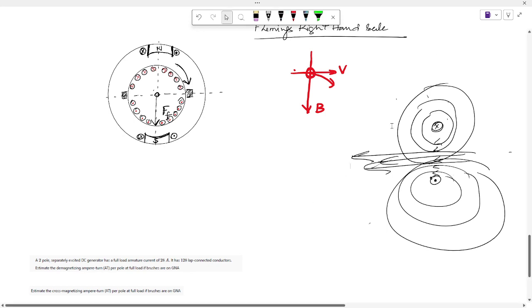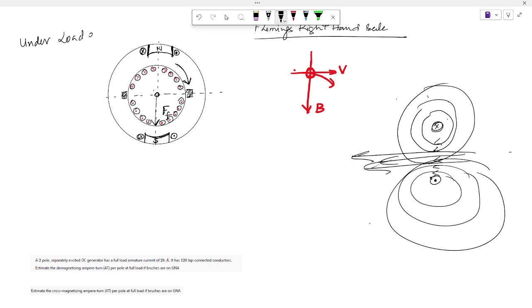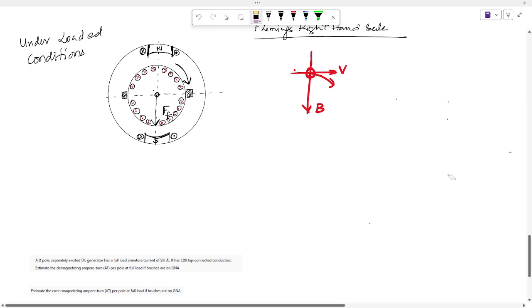That means under loaded conditions, we have current here.